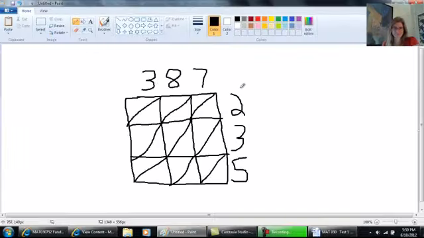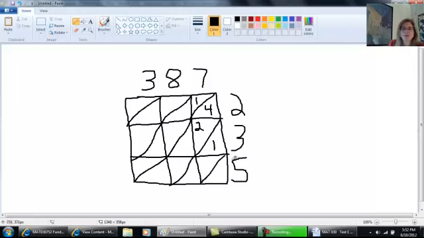Let's see if I can do this. Once you draw this grid, you are going to start in this corner and go 7 times 2, and you're going to put a 1, 4. Then you're going to go 7 times 3, and that's 21.